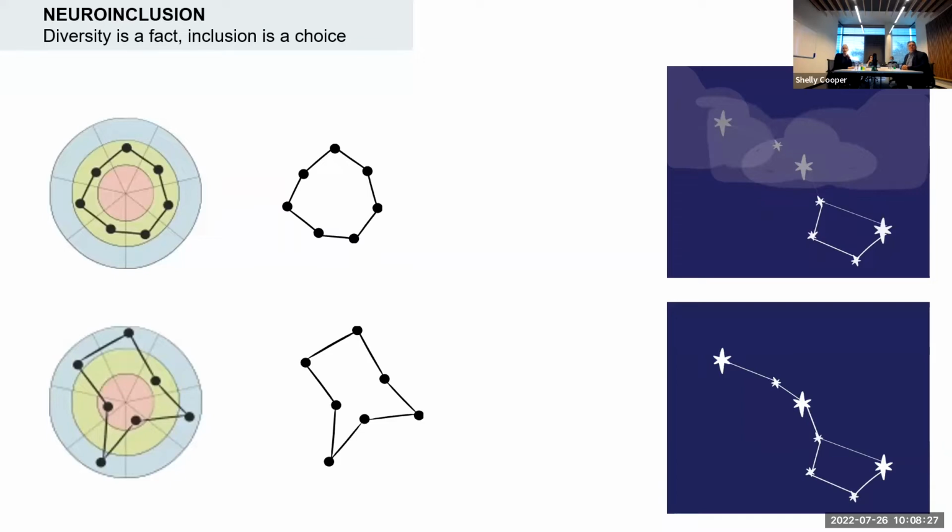And one of the reasons, as you were saying, is that diversity is a fact. We are all different, we all have different makeups, but inclusion is a choice. Just because we say we are different and we should cater for it, that doesn't mean that inclusion truly has happened. When we were thinking about these different profiles, they look a bit like star constellations in the sky.